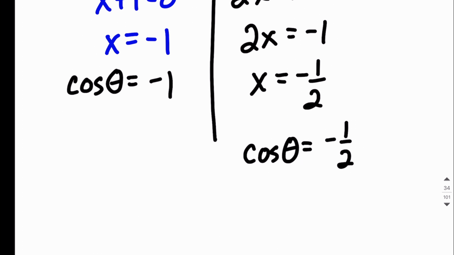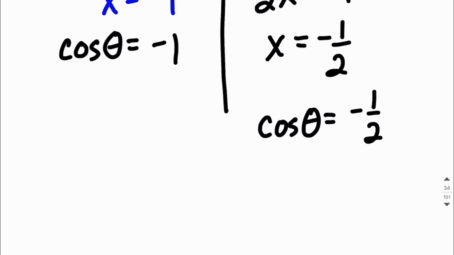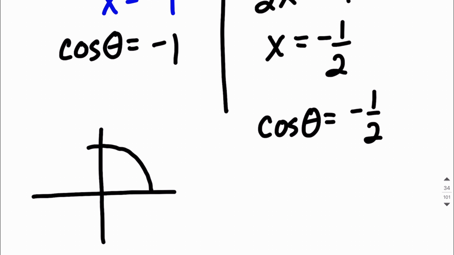So 2 separate problems here. On the left-hand side, what I like to do is go back to our unit circle and think about 1, -1 and 0 on the unit circle. Just trying to freehand a nice circle to go along with this. We'll deal with it.